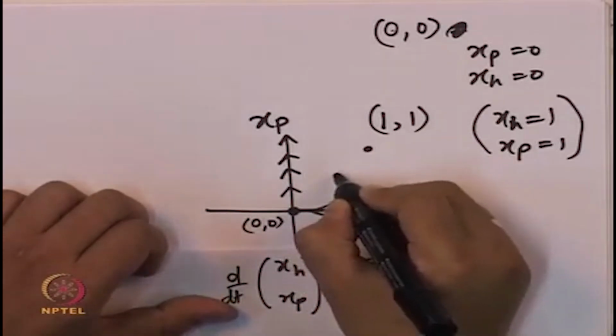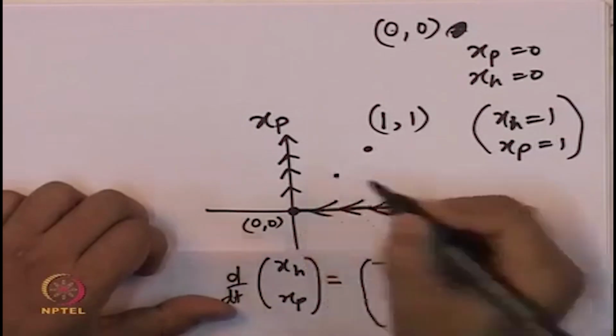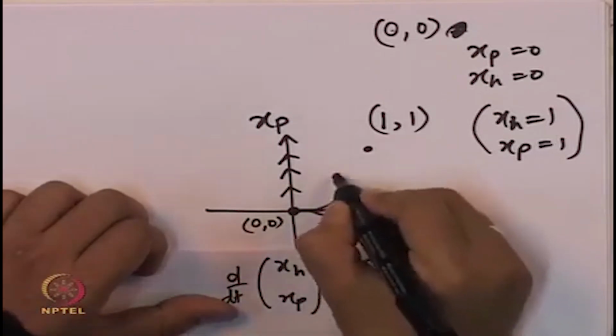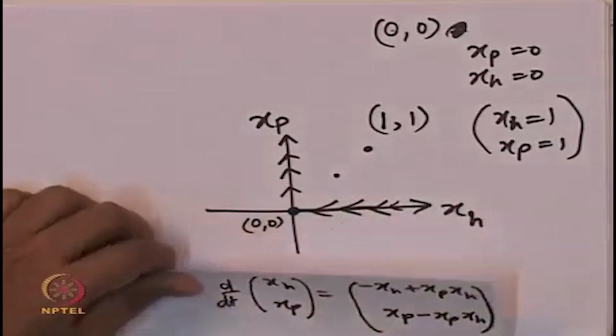For example, let us take what happens at (0.5, 0.5). Let us draw the arrow at this particular point.